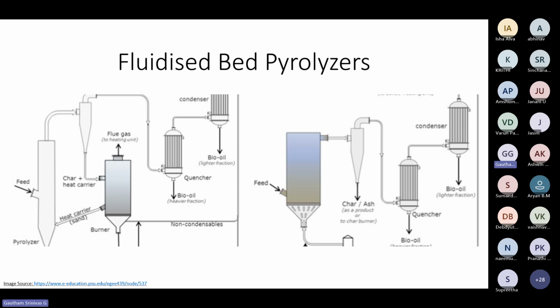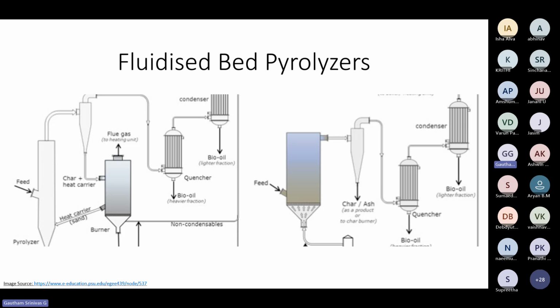Over here there is a burner, which provides the heat to the heat carrier, and then they are again transferred to the pyrolyzer. In this case, there is no circulating loop.